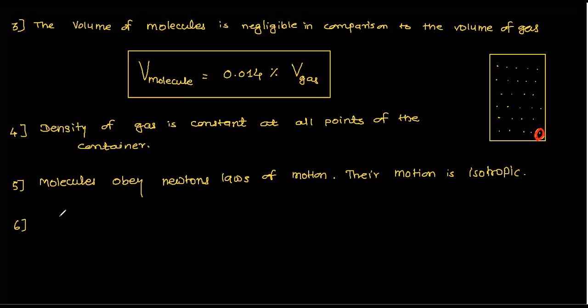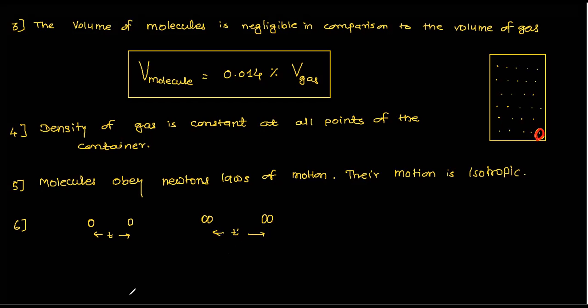Next assumption. Suppose these are two molecules. I am drawing a diagram, and this time is, let us suppose, t. Now this is the collision, and this time is, suppose, t dash. What is t and what is t dash?